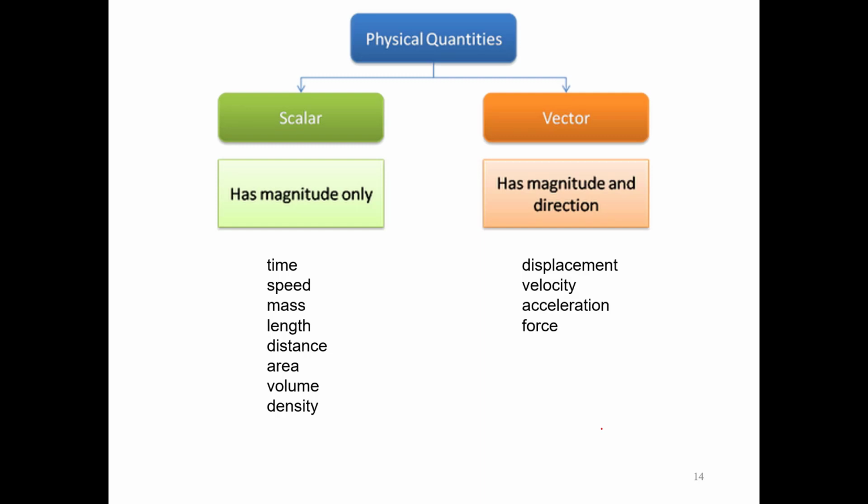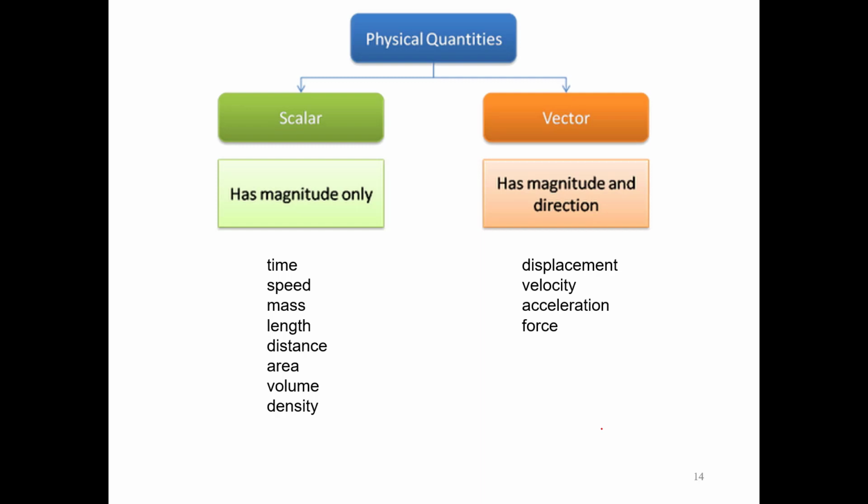And here we have a few examples of vector quantities. One is displacement. In your book, they don't talk too much about displacement, but in order to know what place you are going to move to, you need to know the distance, but you need to know also the direction. In that case, we are talking about displacement.